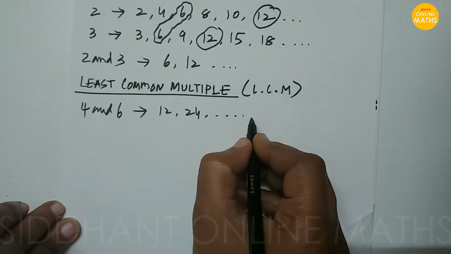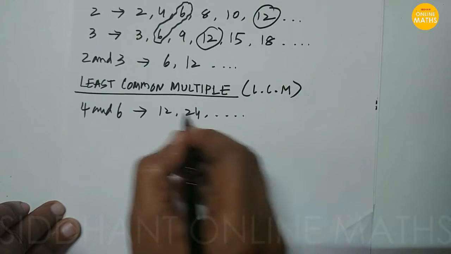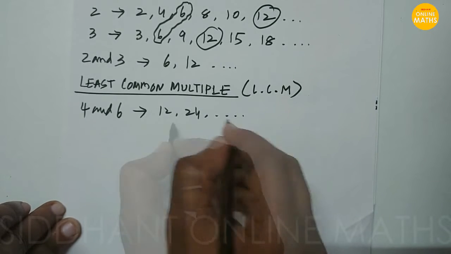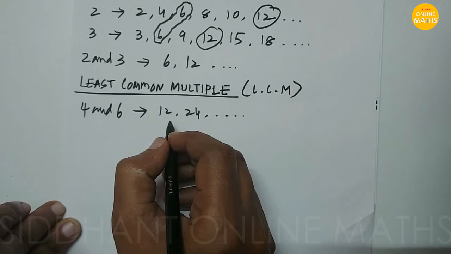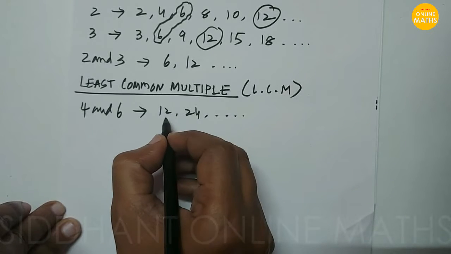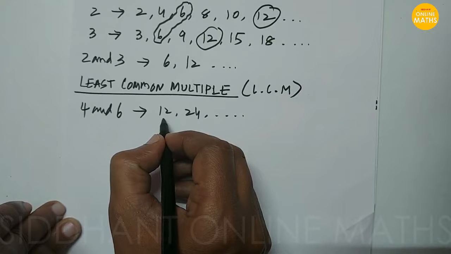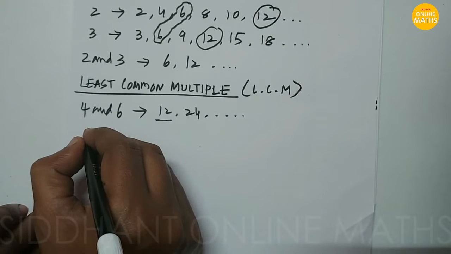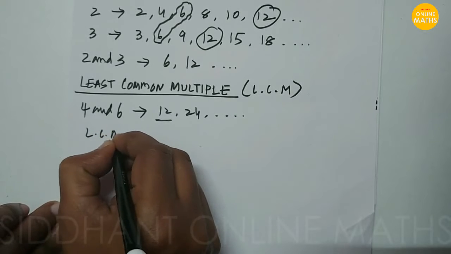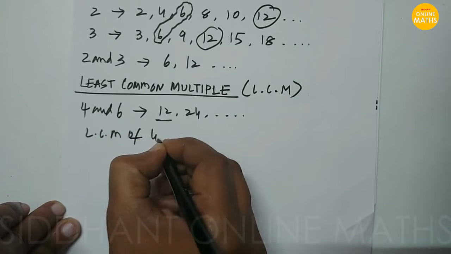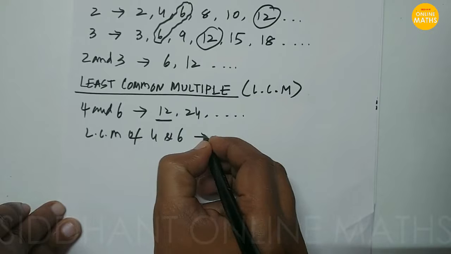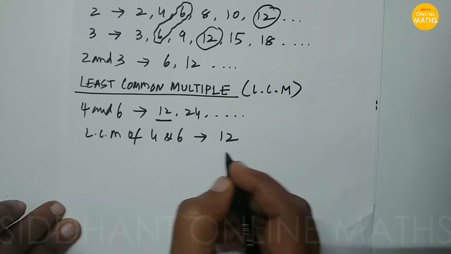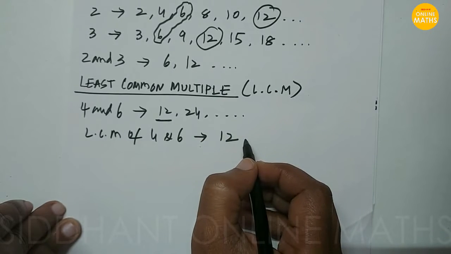Least common multiple means, among these common multiples, which number is lowest. So the lowest common multiple will be 12. So we can say that the LCM of 4 and 6 is 12. So this is the meaning of least common multiple.